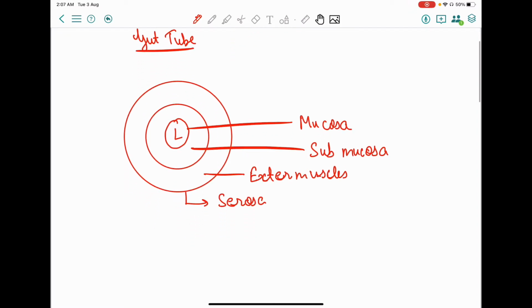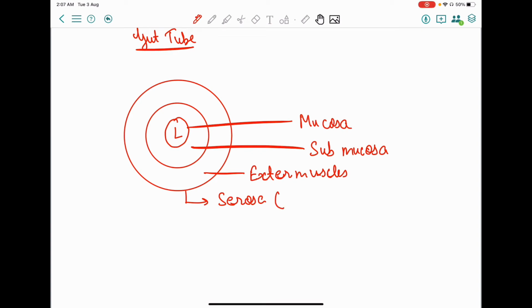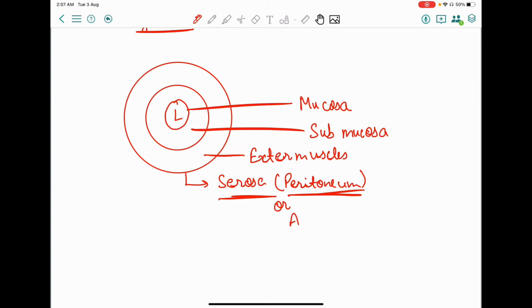So look, if the outermost layer is made up of peritoneum, then we will call it serosa. Or if it is made up of adventitia, then what is it?